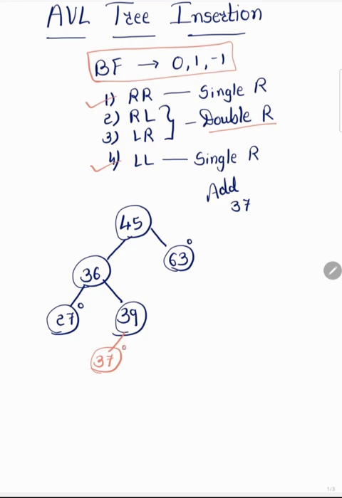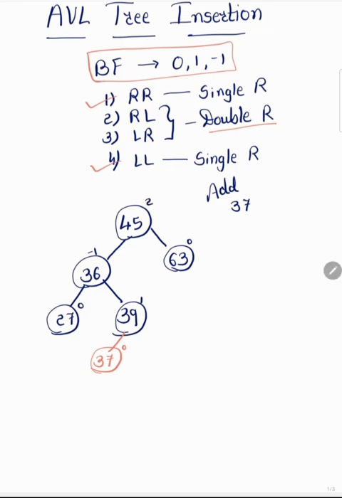The balance factor for 37 is 0. For 39 it is 1 minus 0, that's a 1. For 27 it remains the same, 0. For 63 it remains the same, 0. For 36 it is 1 minus 2, that's a minus 1. For 45, we need the height, that is the longest path, so it's 3 minus 1, that's a 2.